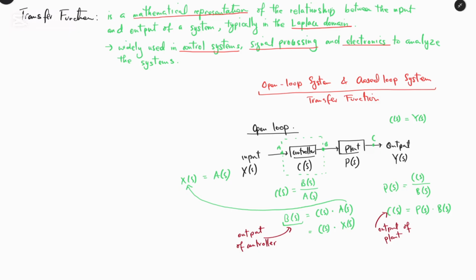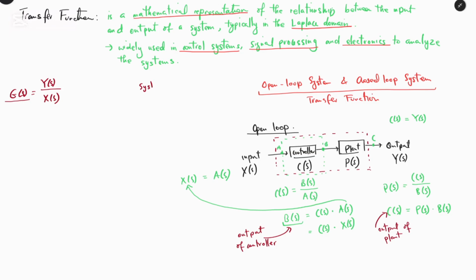Now we can say that the transfer function of this system G of S is equal to the output of the system, which is Y of S, divided by X of S, which is the ratio of the output and the input. And if you look closely, G of S is nothing but a combination of the controller and the plant itself.